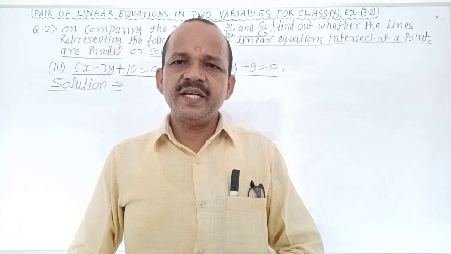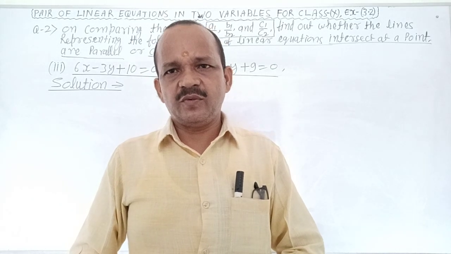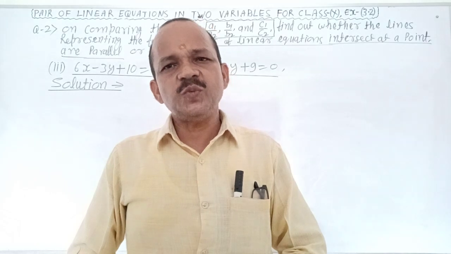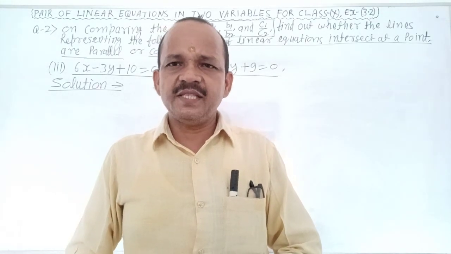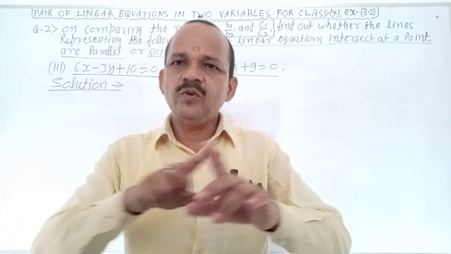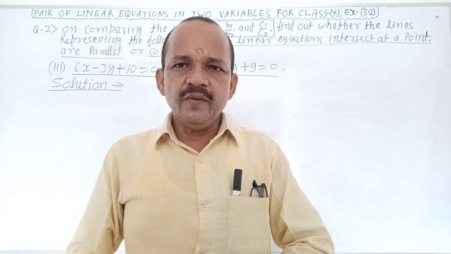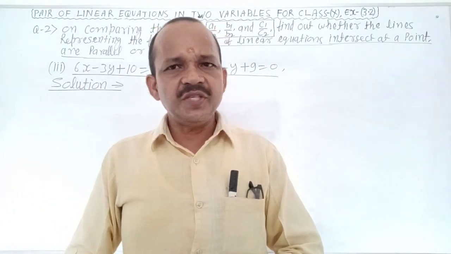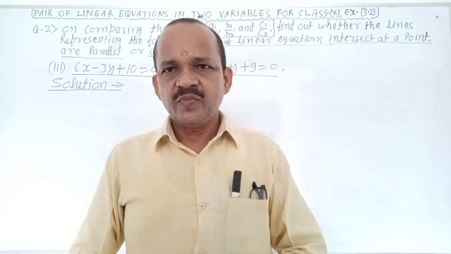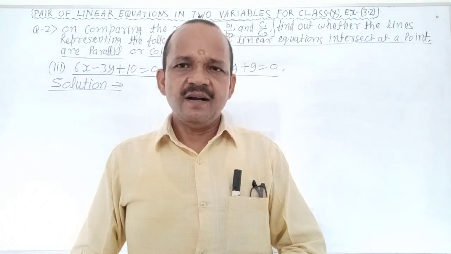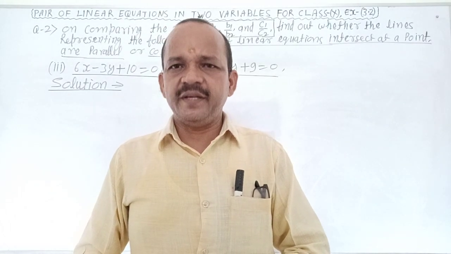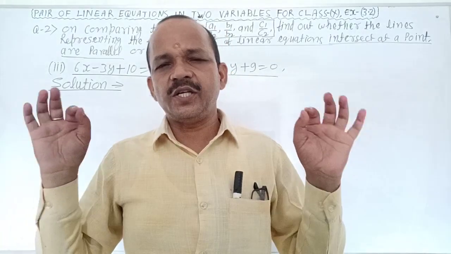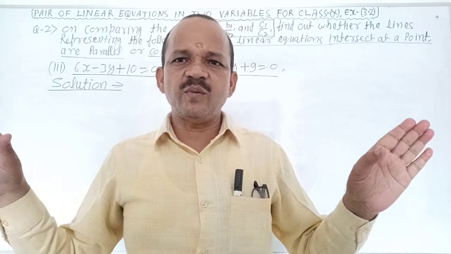If a1 by a2 equals b1 by b2 not equal to c1 by c2, then it shows parallel lines, inconsistent system and no solution. If a1 by a2 equals b1 by b2 equals c1 by c2, then it shows coincident lines, consistent dependent system and infinitely many solutions. It is clear, no confusion about it.